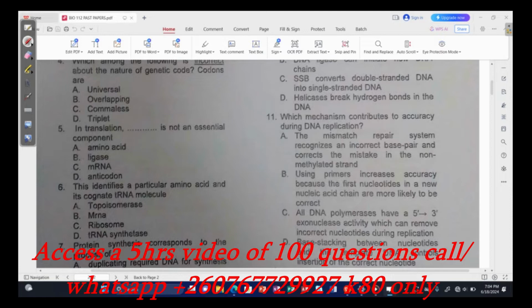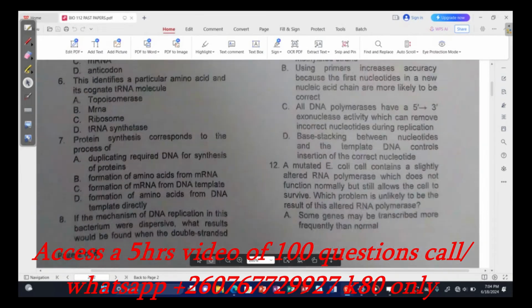So we need this enzyme, tRNA synthetase. It is an enzyme which is responsible for identifying an amino acid to be picked, and also the tRNA which is going to pick that particular amino acid. So that's the answer. tRNA synthetase. You need that enzyme. Question 7 reads, protein synthesis corresponds to the process of.